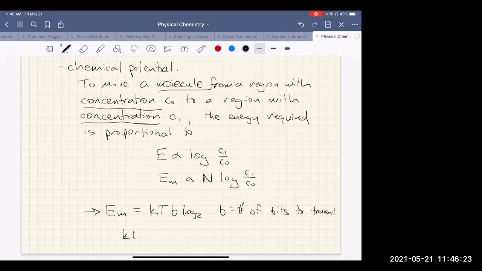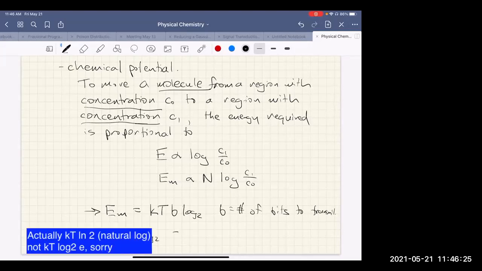kT log 2 is called the Landauer energy. This is the minimum amount of energy that any information-bearing signal can contain. So one bit worth of an information-bearing signal must have at least kT log 2 of energy.